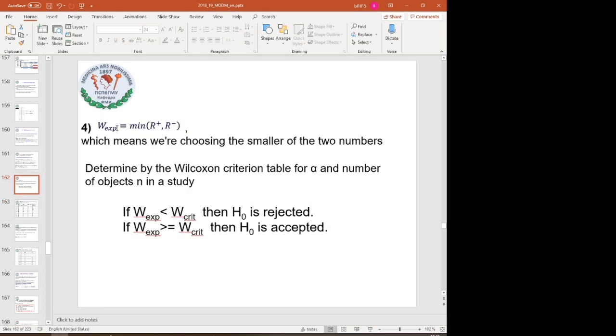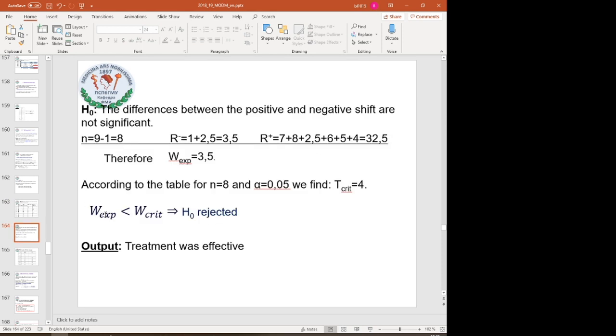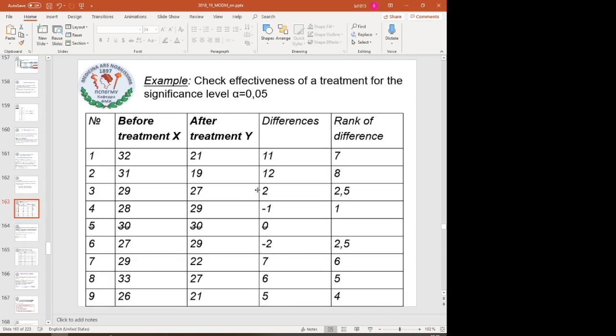experimental value is. So if this minimum is big, this means that negative and positive shifts are the same, and this means ineffectiveness. And the less experimental value, the less differences between result of treatments in the means of increasing or decreasing.